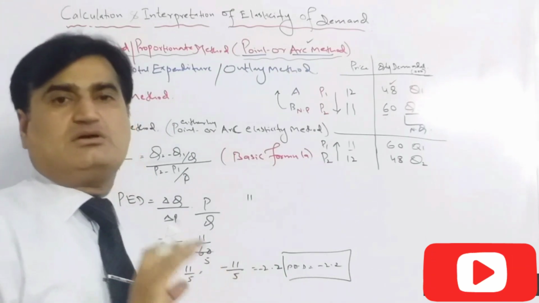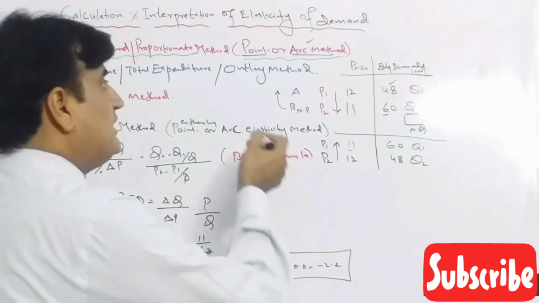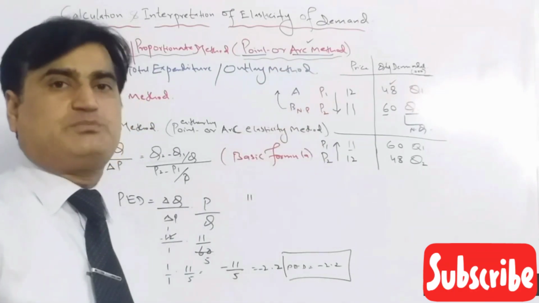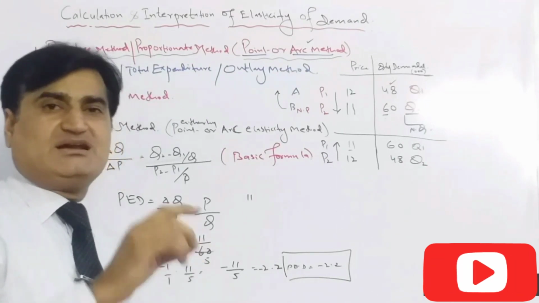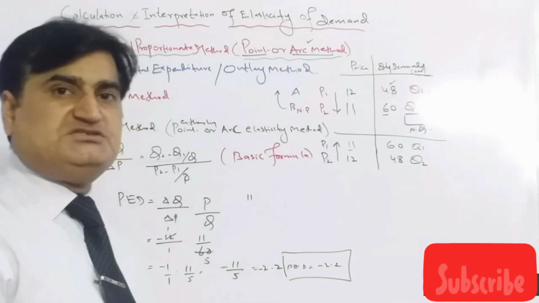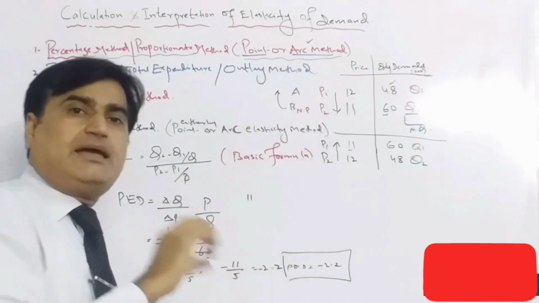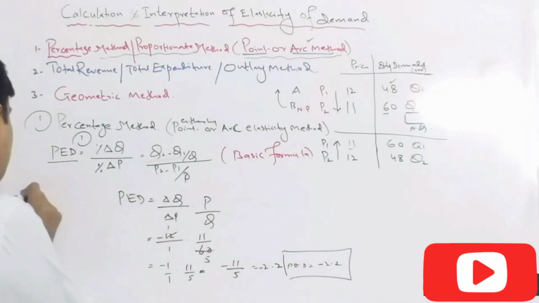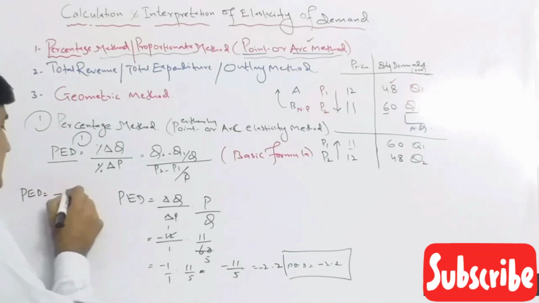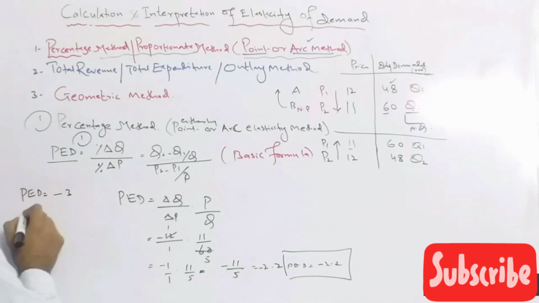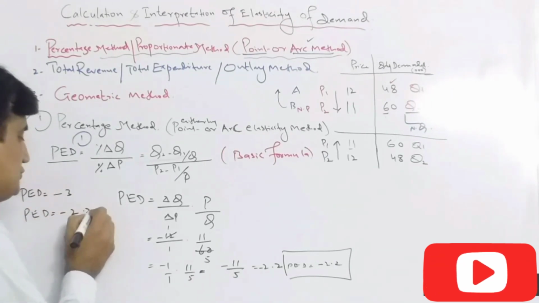Remember it: when you are not asked for the point elasticity method, you should calculate the elasticity by using the arc method, because it is the most preferred method. It measures the change in quantity demanded in relation to the average change in quantity and average change in price. Price elasticity of demand by using the point method from A to B was minus 3, but here it is minus 2.2.